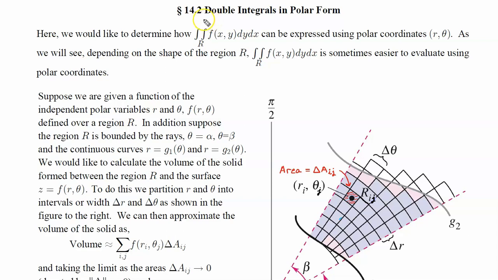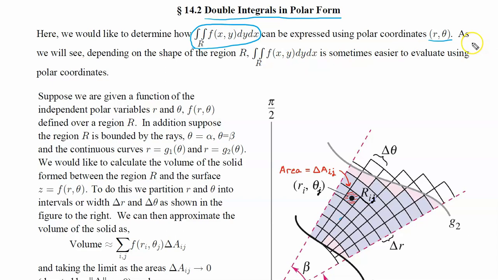Hi everyone. In this video, we're going to look at evaluating double integrals in polar form. So here, we would like to determine how to take a double integral in rectangular coordinates. Notice we have x's and y's here, and express it using polar coordinates, r's and thetas.